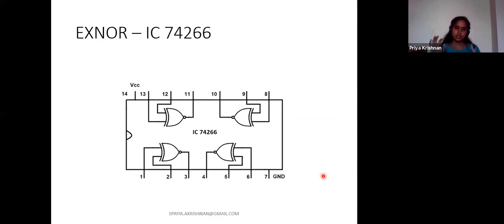Only for NOR the pin diagram is different, and only for XNOR the pin diagram is different. All other things you can recall the similar set of pin diagrams. So here the gates are facing each other. On one side 1 and 2 are inputs, on the other side 5 and 6 are inputs.